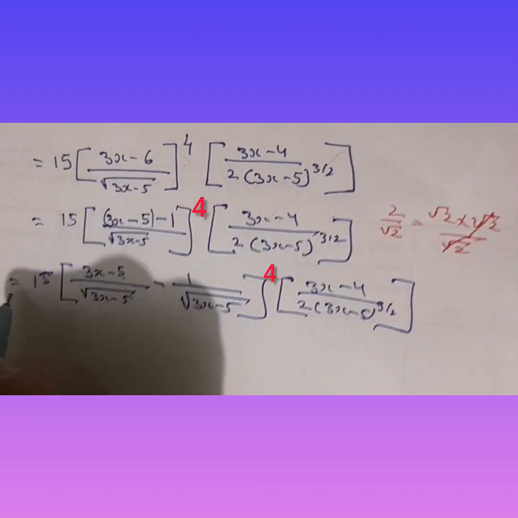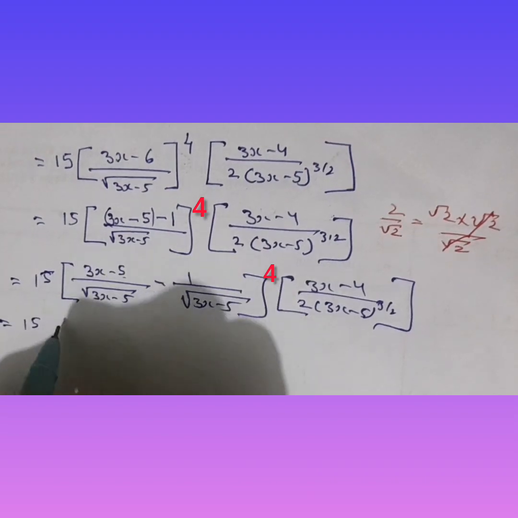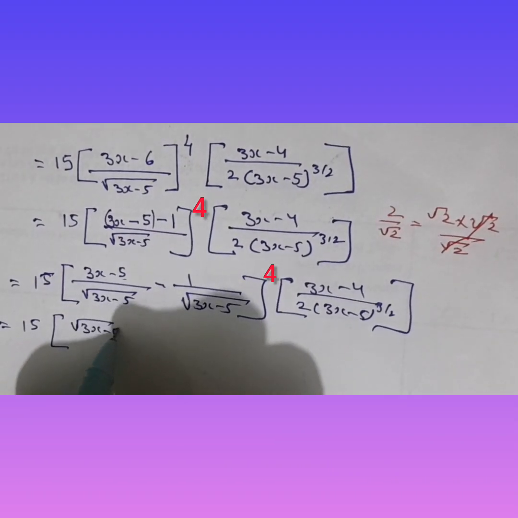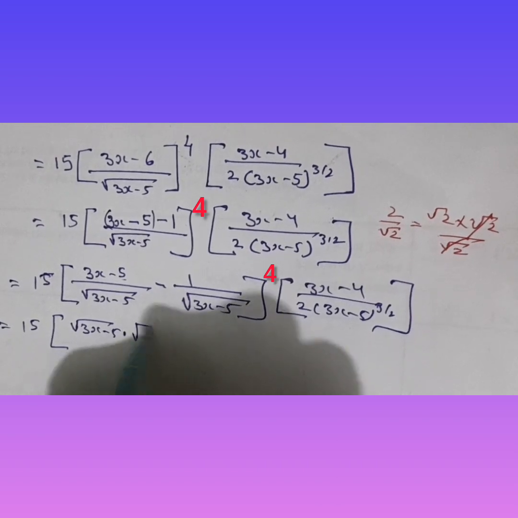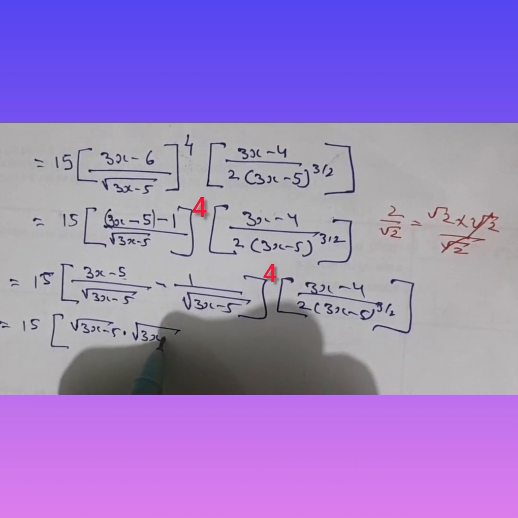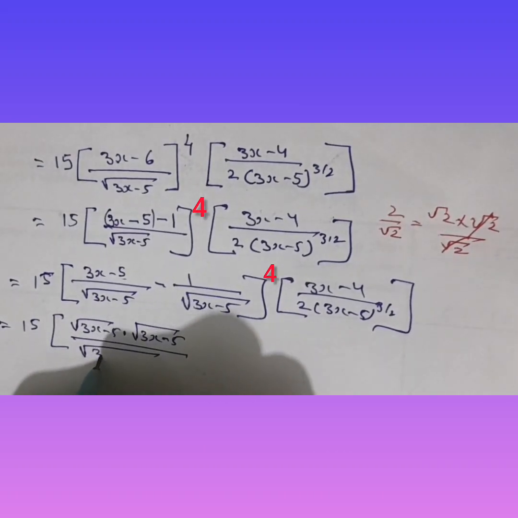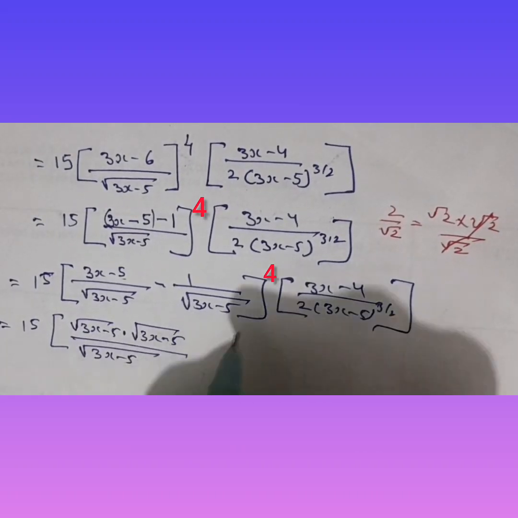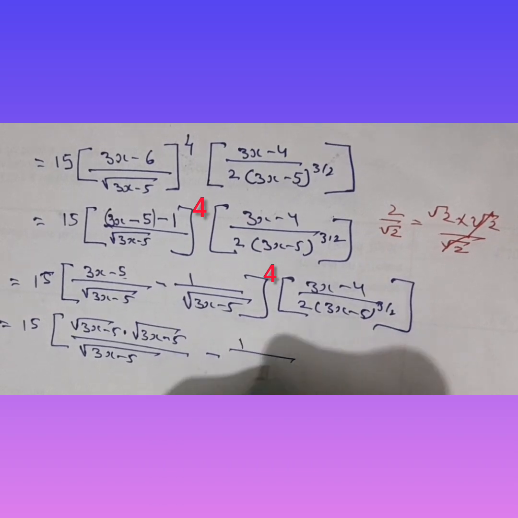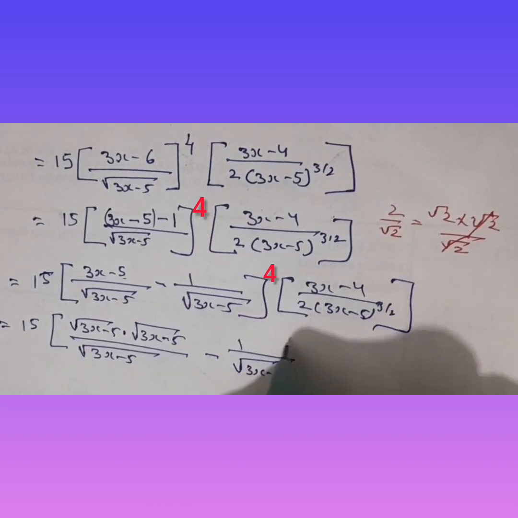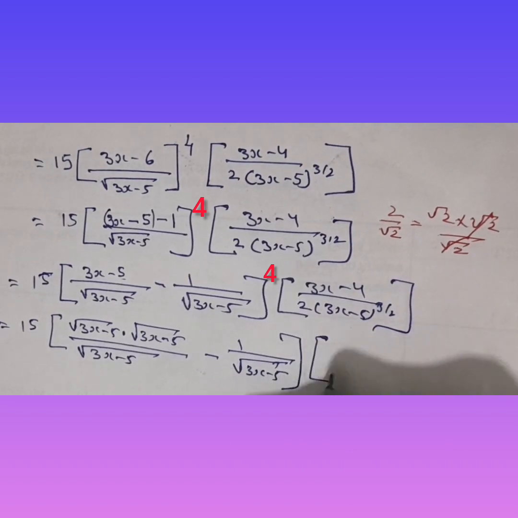This itself means I can write it as root 3x minus 5 into root 3x minus 5 divided by root of 3x minus 5, minus 1 upon root 3x minus 5. Alright, and this remains as it is.